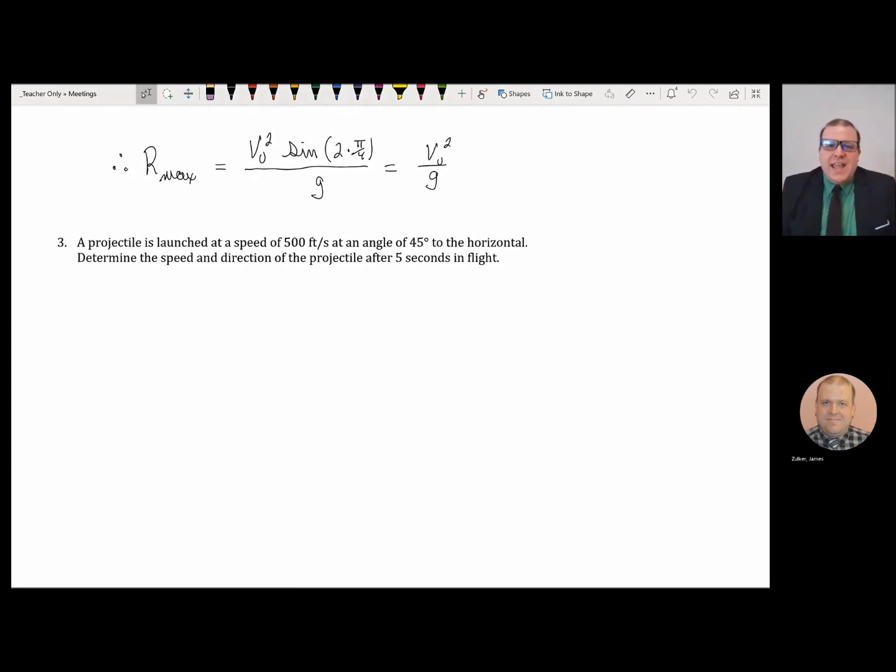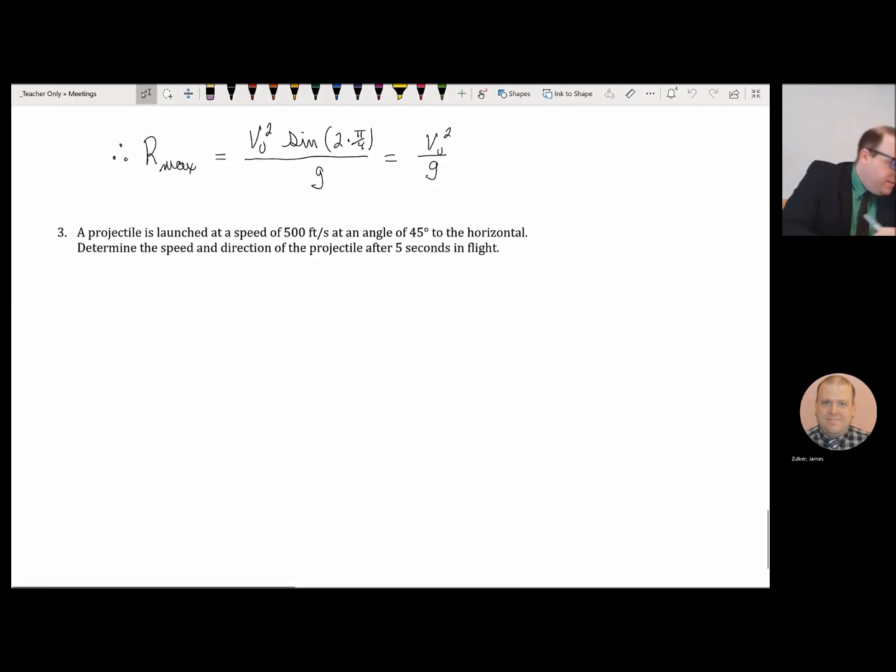A projectile is launched at a speed of 500 feet per second at an angle of 45 degrees to the horizontal. You're asked to determine the speed and direction of the projectile after 5 seconds in flight. First, let's write out the equation of motion.